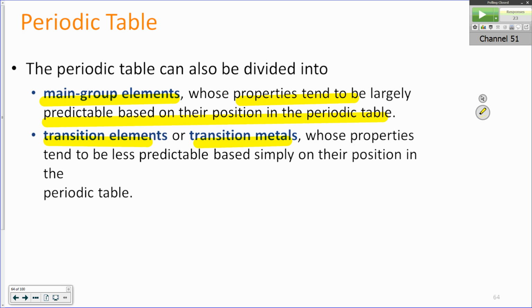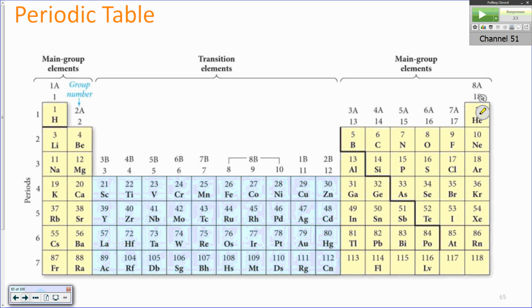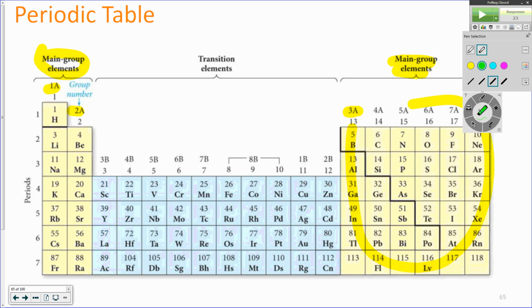So where are these 2 groups of elements found at? So our main group elements are the ones in the 1A and the 2A family on the far left over here. They also include the 3A through the 8A family, so this far side. So these are our main group elements. The transition elements are the ones that are stuck in the middle and also at the bottom.